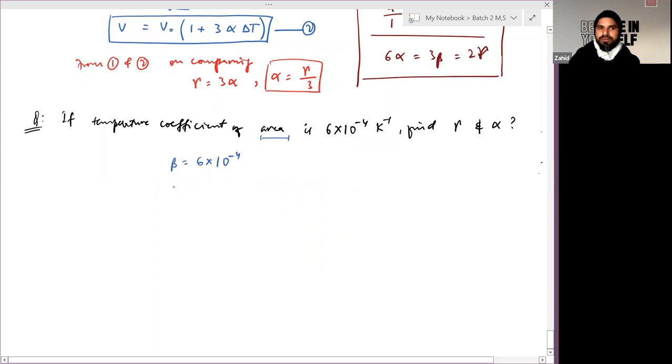And we have a relation between alpha and beta as alpha equals beta by 2. Just put the value of beta in this part, you'll get alpha. And on getting alpha, gamma equals 3 times alpha. So you'll get gamma.